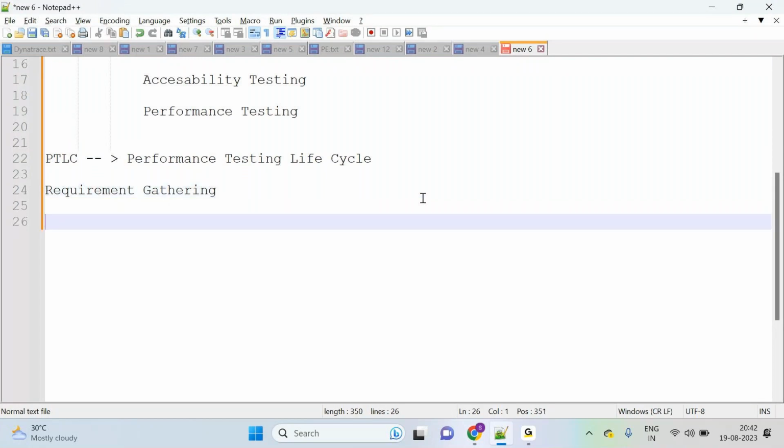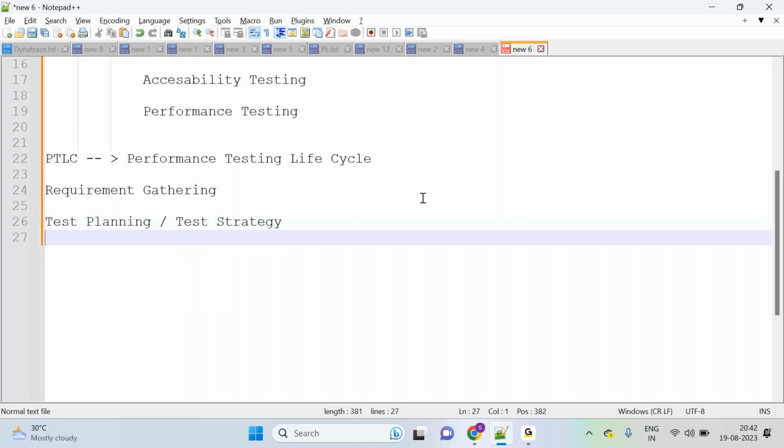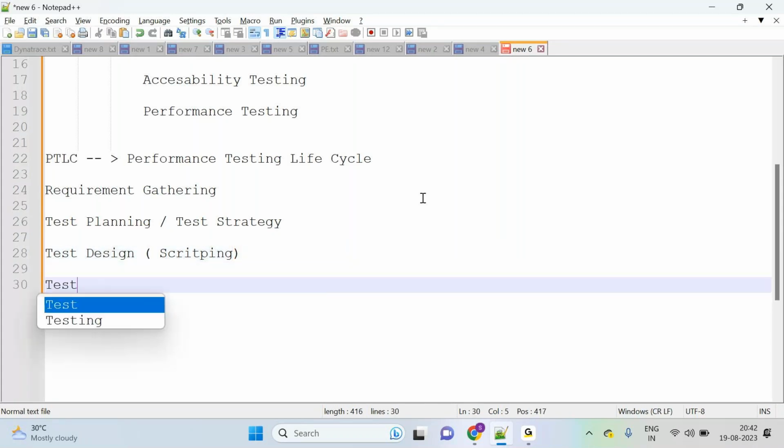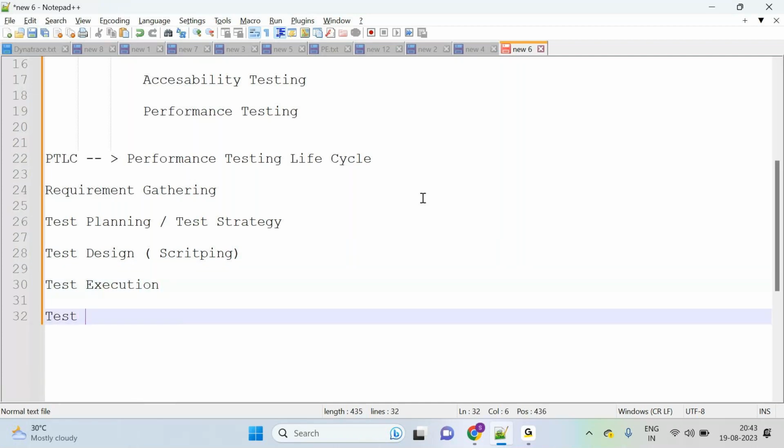Then, in certain organizations they call it a test planning document, or in others a test strategy document. Test design is the next phase, which in certain organizations is called the scripting phase. Then the test execution phase, and then test reporting and analysis.